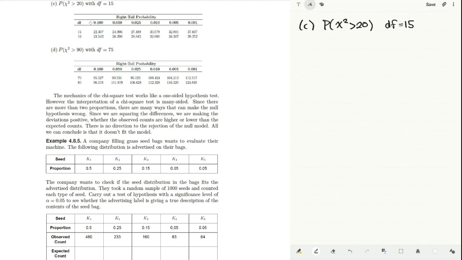So let's write down what the probability is telling us for the closest value. The table says that the area to the right of 22.307 is equal to 0.1.